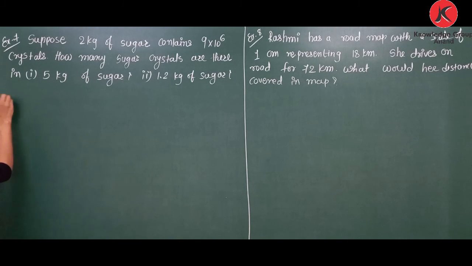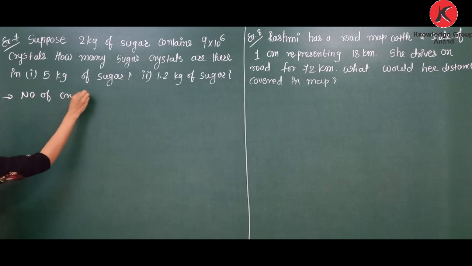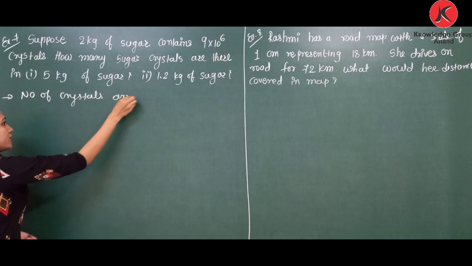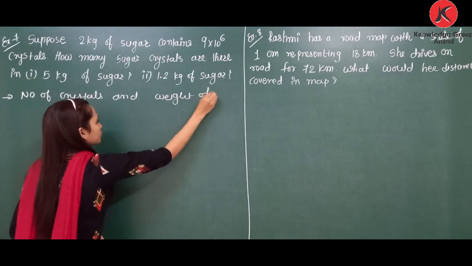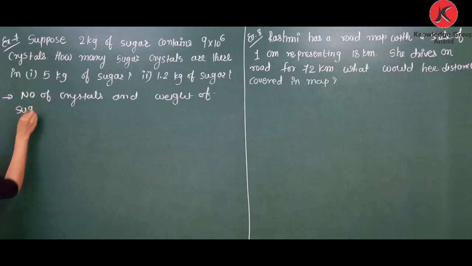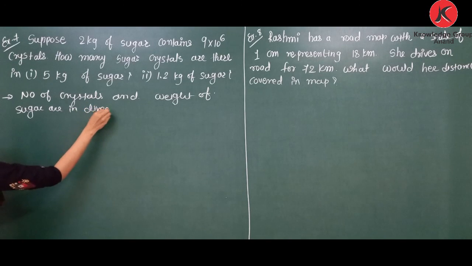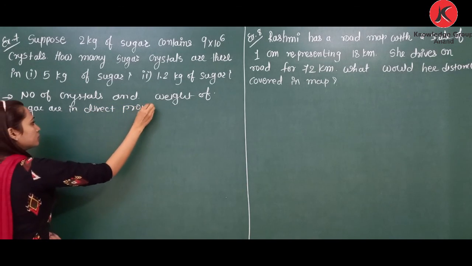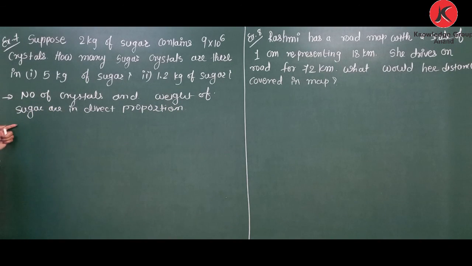So we can write, number of crystals and weight of sugar are in direct proportion. So here we can make a table. Now you can write weight of sugar and number of crystals, or you can write number of crystals and weight of sugar. Both will give the same answer.